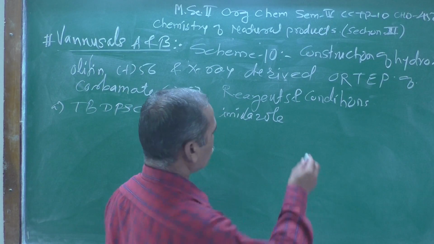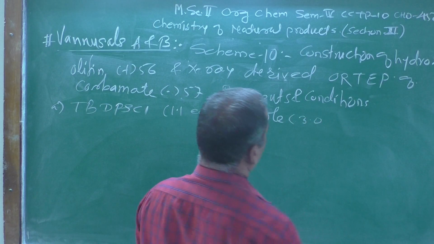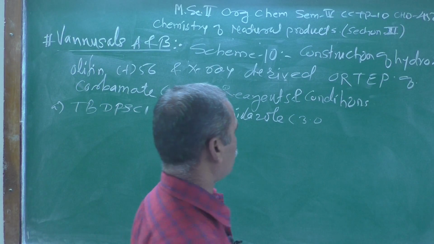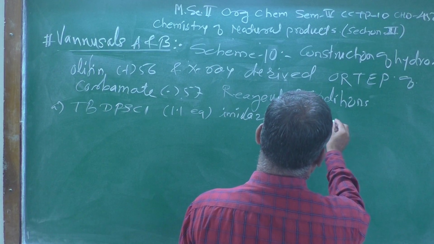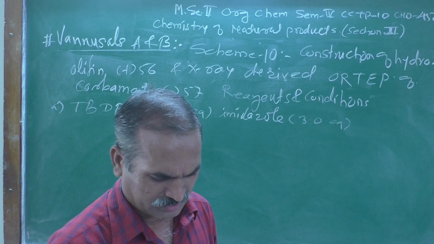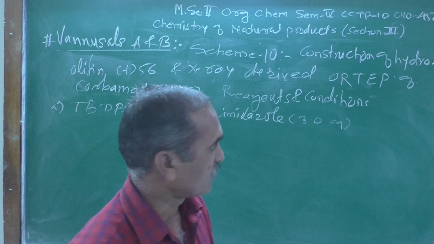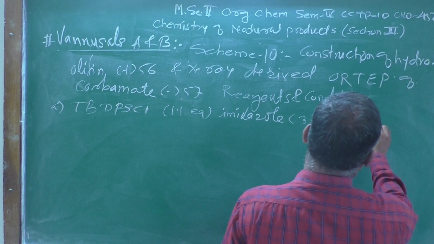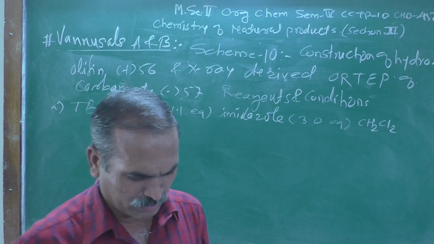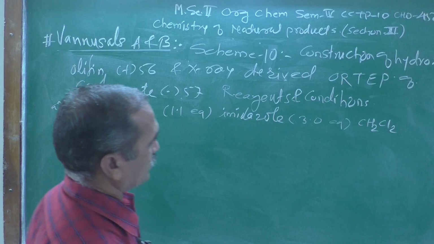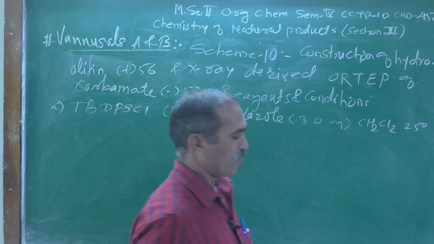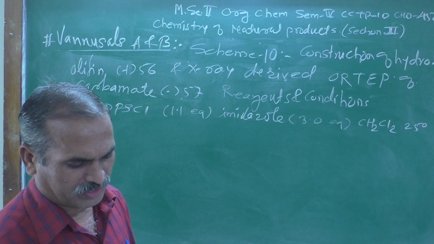as the reagent, which was taken 3.0 equivalent. Then the solvent employed is CH2Cl2, that is dichloromethane, and the temperature kept at room temperature, meaning 25 degrees centigrade.